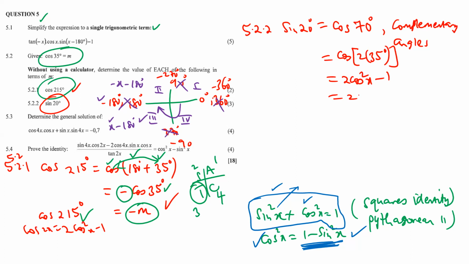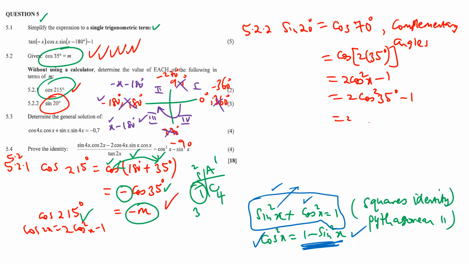So this is 2 cosine squared of x, where x is 35 degrees, minus 1. What is cosine 35?